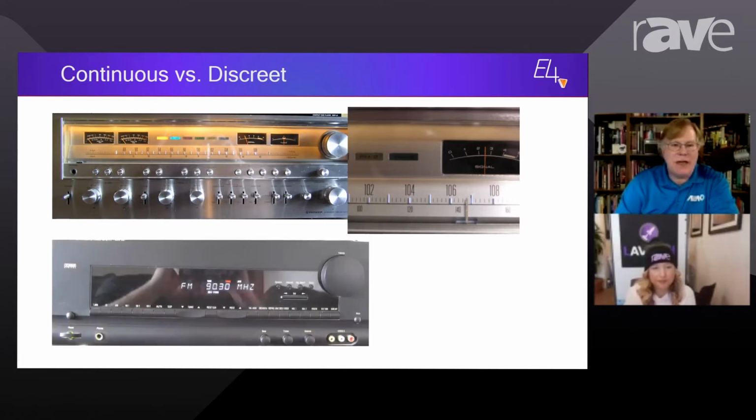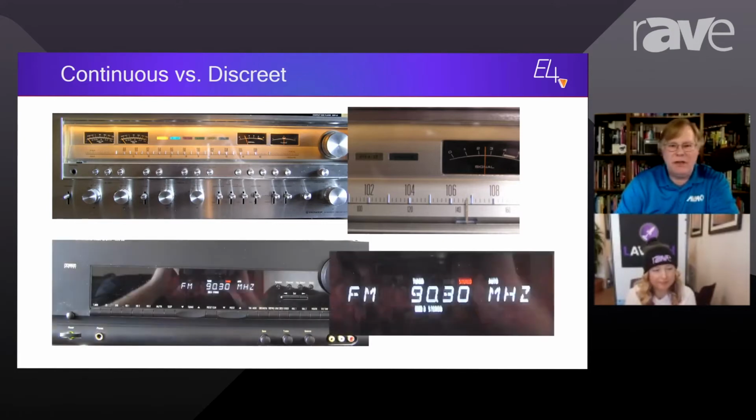But then I've got this other receiver sitting in the living room, and you can see the tuning dial on this. It's digital. I can do 90.3, or I can do 90.5, 90.7, but I can't do anything in between. In other words, this is a really good example for helping me visualize this, because I also have a receiver from the 80s versus a receiver from two years ago.